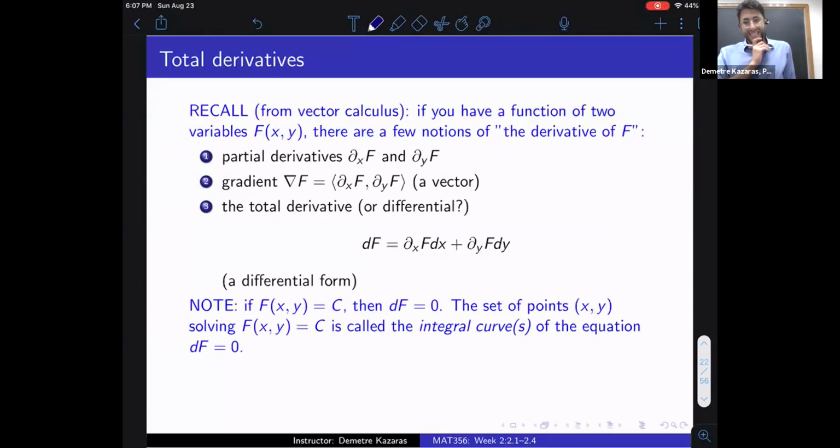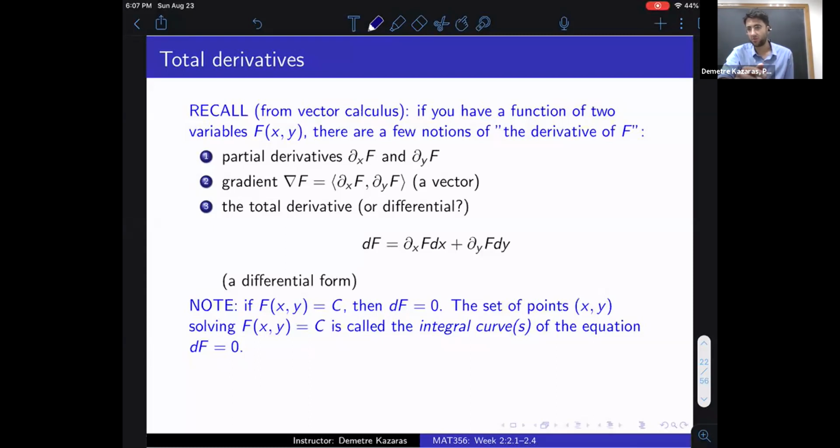Okay, so basic thing to notice, if f of x and y is equal to a constant, which is the goal that we have in terms of solving our equation, to get something like this, then if you take the differential of both sides, you find that df is equal to 0.